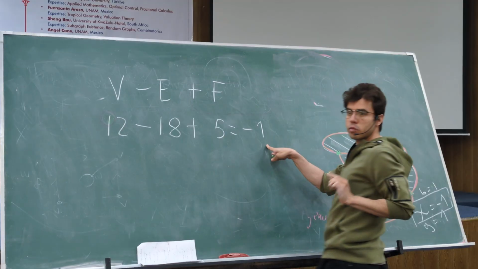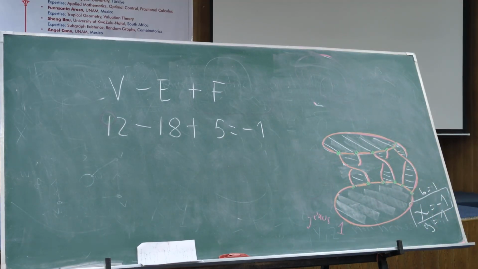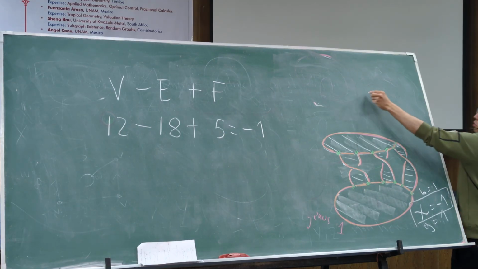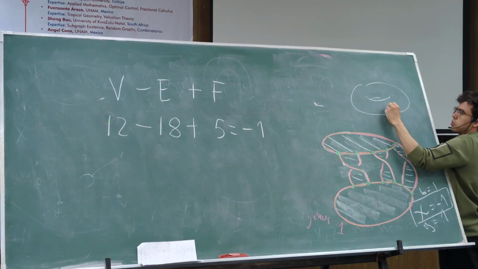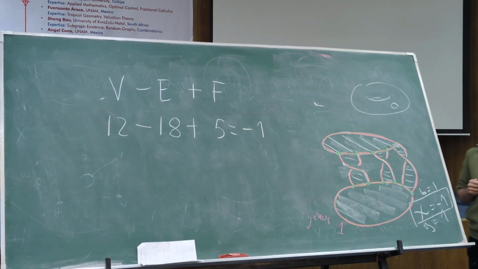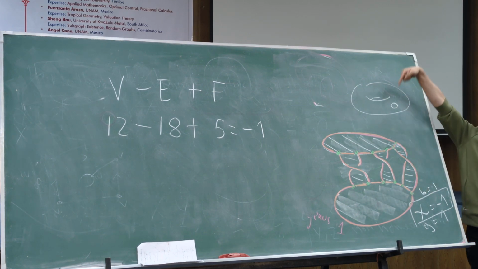Minus 1. So this complicated space is just the same. So it has genus 1, but here we cannot see the genus.